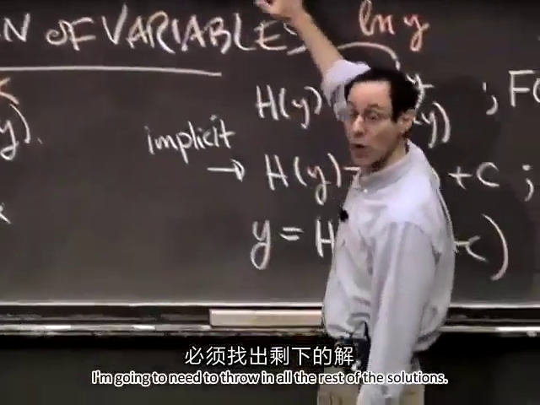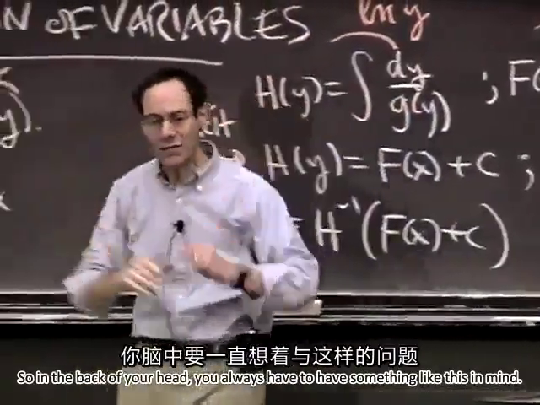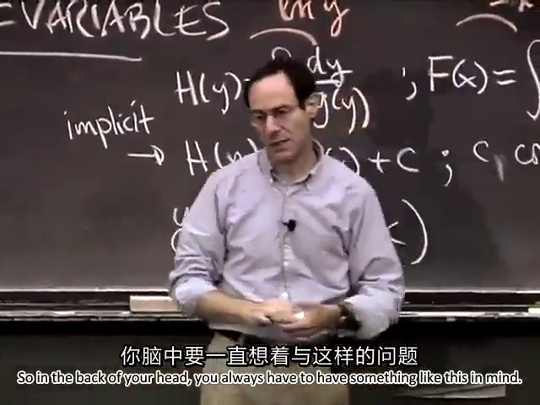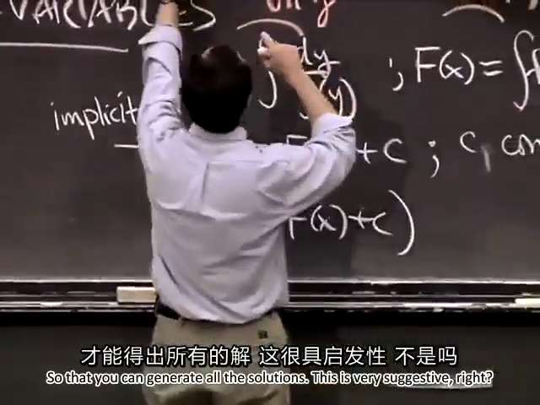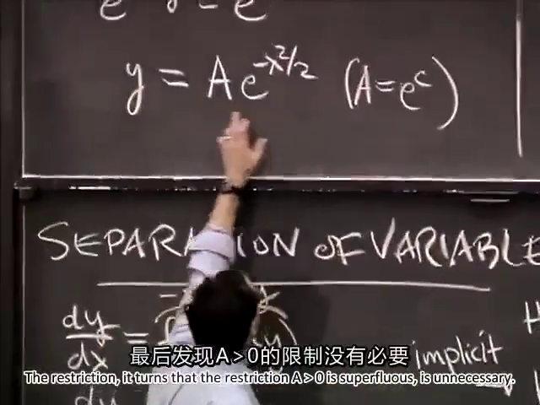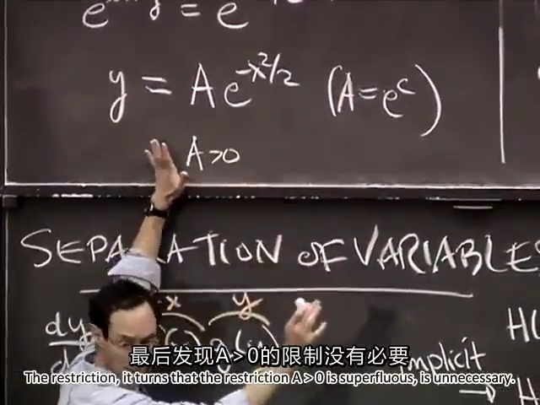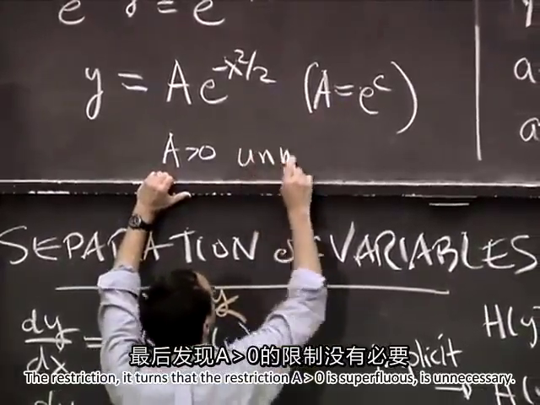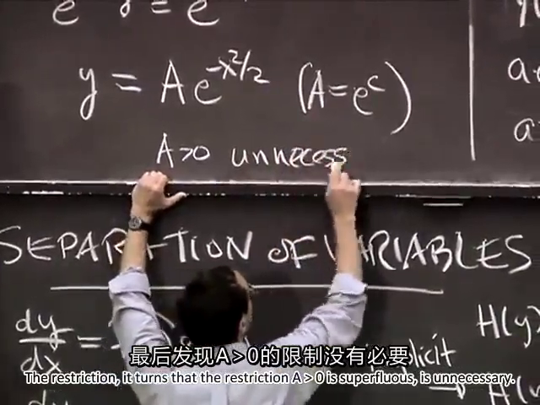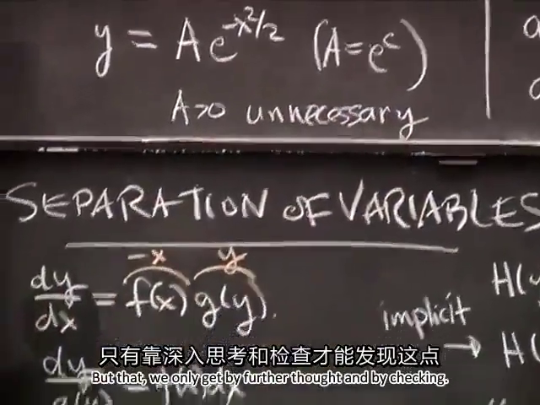I'm going to need to throw in all the rest of the solutions. So in the back of your head, you always have to have something like this in mind so that you can generate all the solutions. This is very suggestive. It turns out that the restriction a greater than 0 is superfluous, is unnecessary. But that we only get by further thought and by checking.